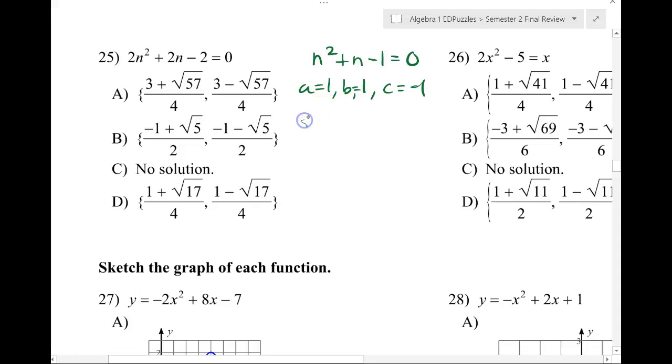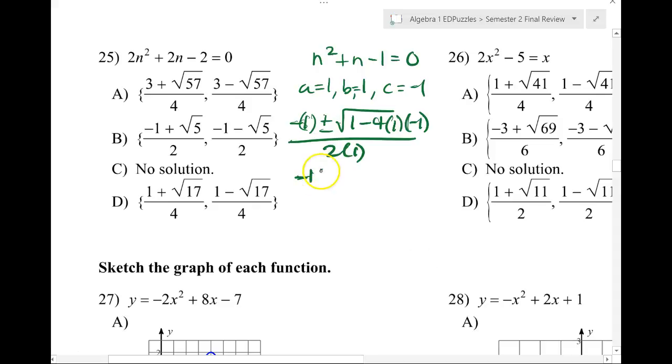Okay, so let's plug them in. So now we get negative 1 for b, and then plus or minus the square root of b squared, which is 1, minus 4 times a, 1, times c, which is negative 1, and then all over 2 times 1. Lots of 1s. Okay, so let's evaluate this.